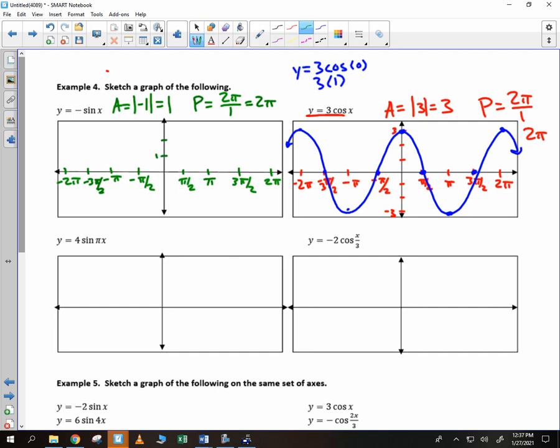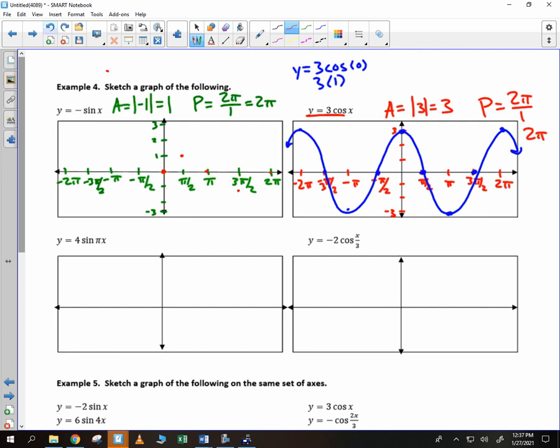So mark 1, 2, and 3. Notice that this graph just goes up to 1. Sine starts at 0. Now, normally what we would do is head up to 1, because that's the amplitude, and so on and so forth. But if you notice, there's a negative in front, and that's going to create a vertical flip.